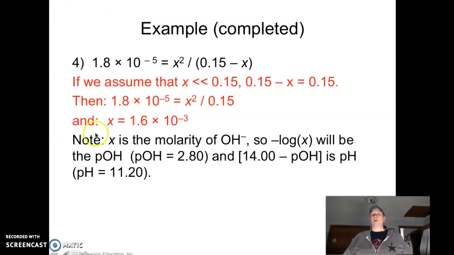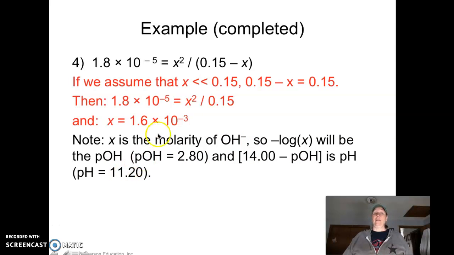Okay, so we have this number, 1.6 times 10 to the negative 3rd. That's what x equals. So, this was a base. If I take the log of this, I'm going to get the pOH, which is 2.8. Remember, the question asks, what is the pH? So I can just take 14 minus 2.8, and then I'll get my pH as 11.2.